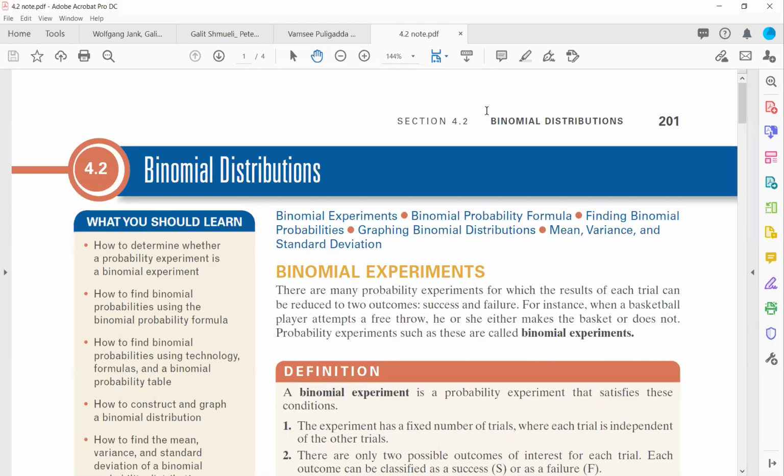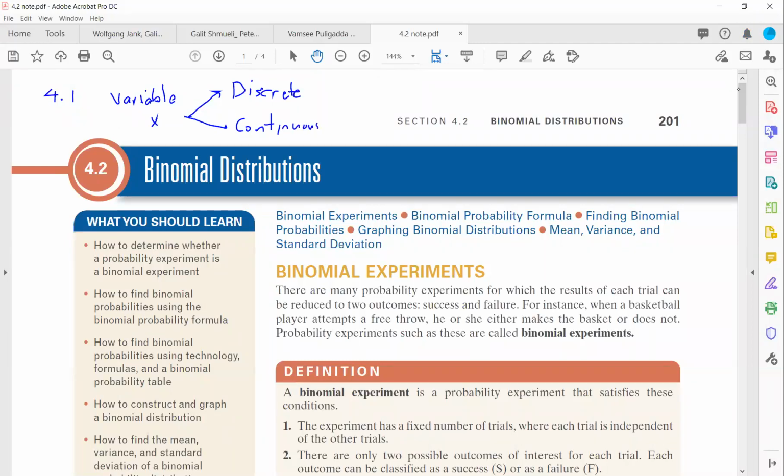So we are on chapter 4. What we learned so far in 4.1, we learned that we have two types of variables. A random variable denoted by x is either discrete, countable, or it is continuous.